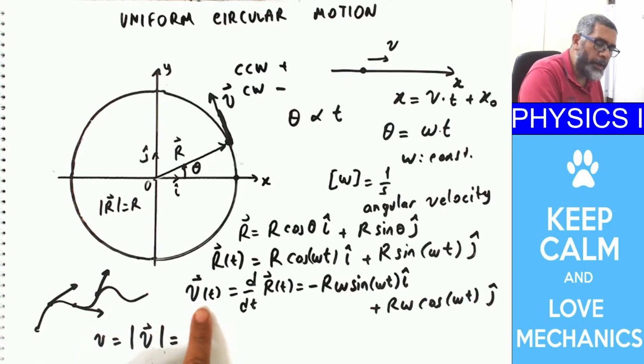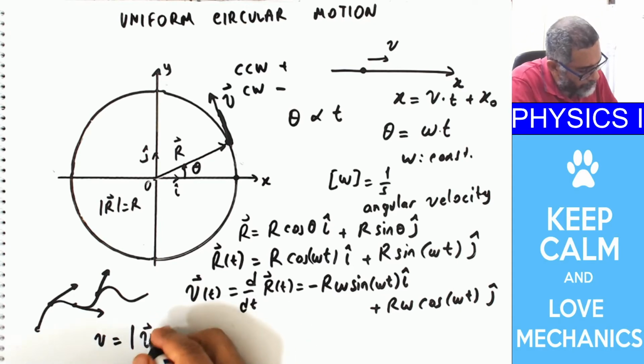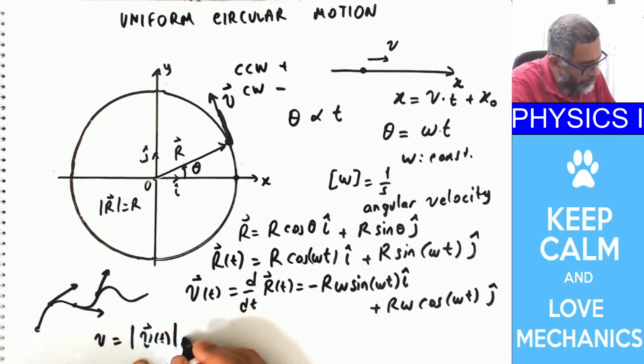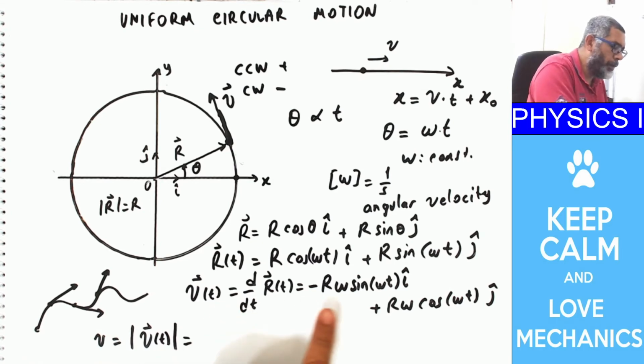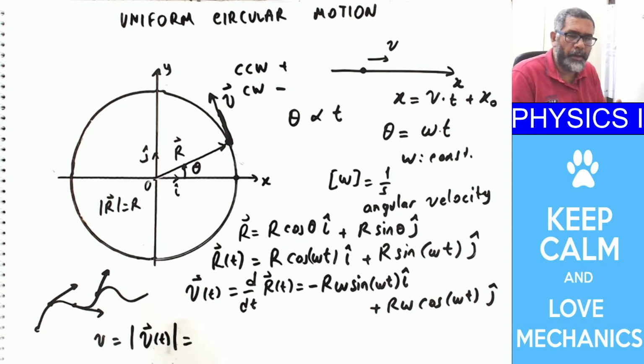Although you see over here this velocity vector v, let's put also this dependence on time. Although we have time dependence over here, can we have the magnitude of this velocity vector be time independent? Because we just said that the speed must be constant. It should be independent of time, because it's always going with the same speed.